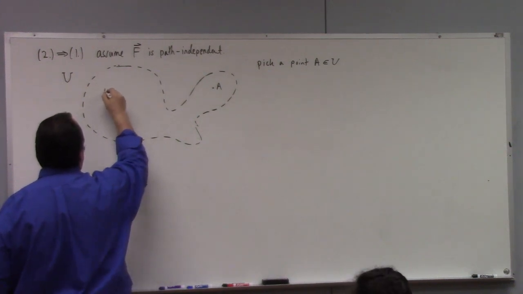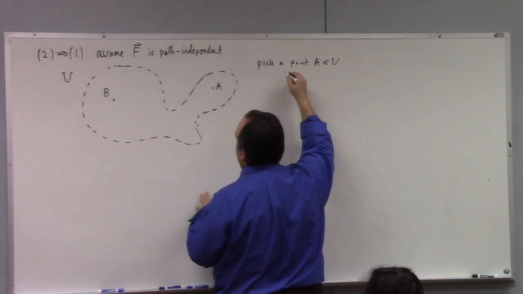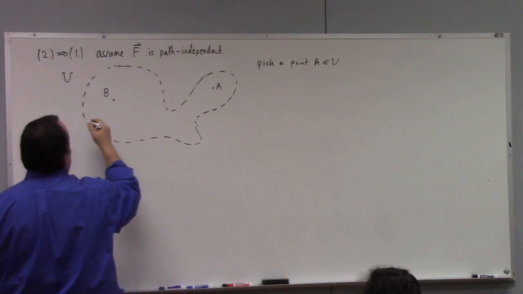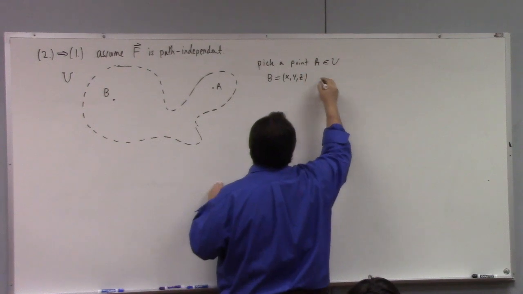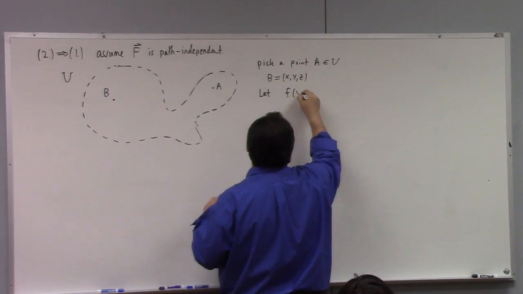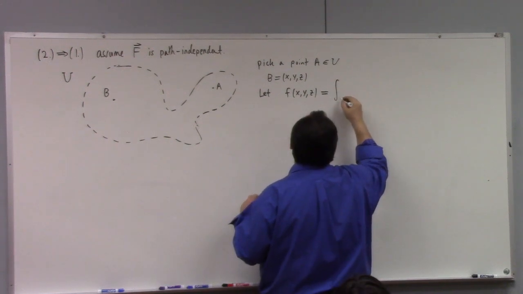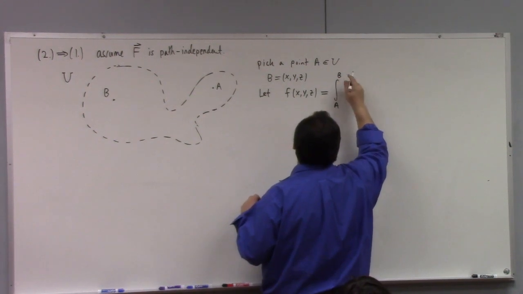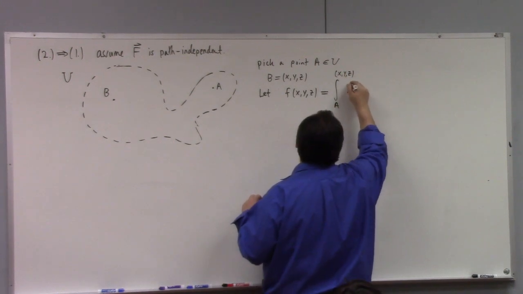So there's B. And then we let little f of x, y, z equal the integral from A to x, y, z of f dot dr.